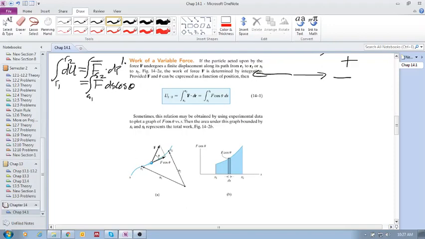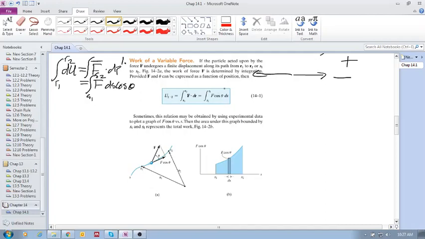So I know I wrote this, perhaps I should have put the cos theta there, but you get the idea. That if we integrate this term over here, we're going to get this. The work from 1 to 2, time 1 to 2, is equal to this integral here, which is equal to that integral here. This is in vector form, that is in scalar form.